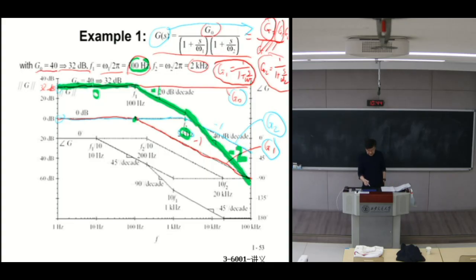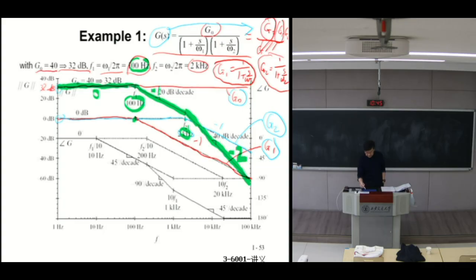It's flat at low frequency, and it has a corner, a breakover point at 100 hertz. First turning point at 100 hertz, the second turning point at 2 kilohertz. After the first turning point, it gets to a -1 slope.